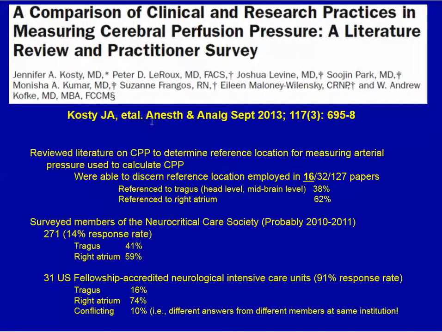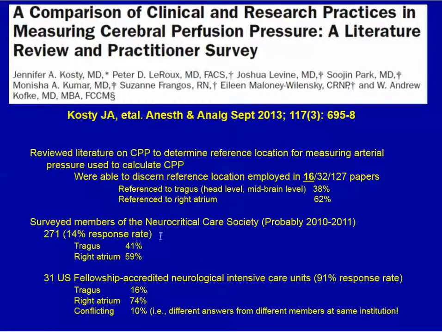This was a recently published survey of the practice of where arterial pressure is referenced in neurocritical care. In this survey, first they reviewed the literature on cerebral perfusion pressure and were able to analyze 16 articles, and they found that in only about 40% did they use reference at the head level.